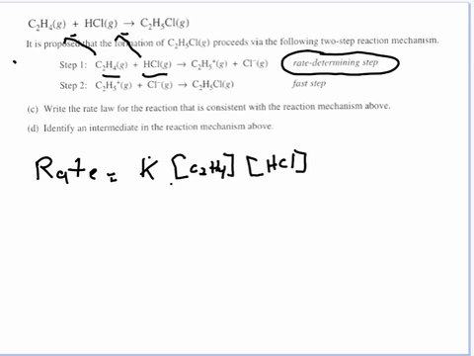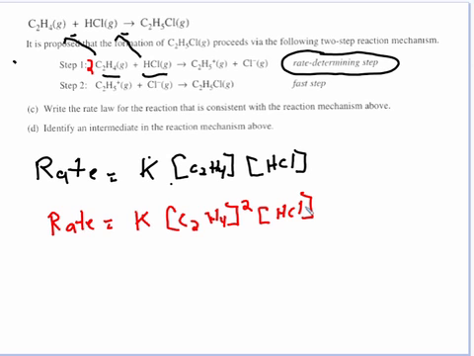If, let's say, there was a 2 in front of C2H4, then the rate law would be rate equals k times C2H4 to the second power, times HCl.